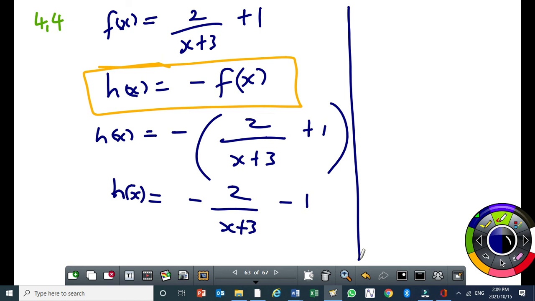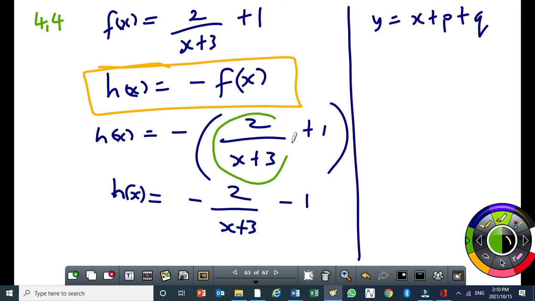Remember, the equation of that line of symmetry is y equals x plus p plus q. Sir, isn't x plus 3 is 1? No, because remember, x plus 3 is a denominator, 2 is a numerator.